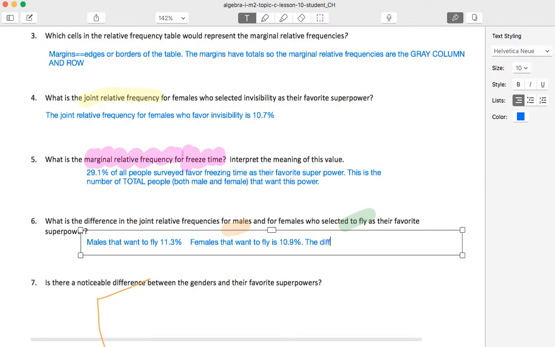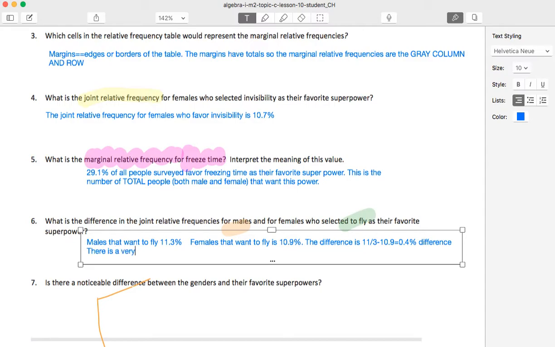The difference is 11.3 minus 10.9, which is equal to 0.4% difference. Okay, so now we can say there is a very small difference in the joint relative frequencies of males to females who want to fly. Basically, it doesn't matter if you're a boy or girl, you like the idea of flying.